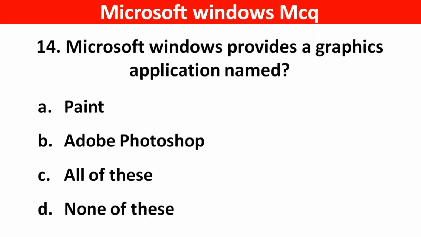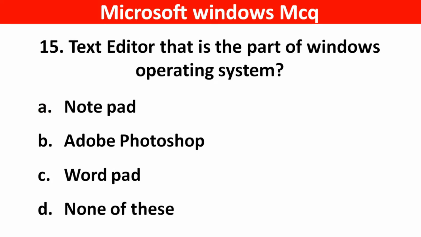Next question, Microsoft Windows provides a graphics application named dash dash. Right answer is option A, Paint. Next question, which text editor is part of the Windows operating system? Right answer is option A, Notepad.